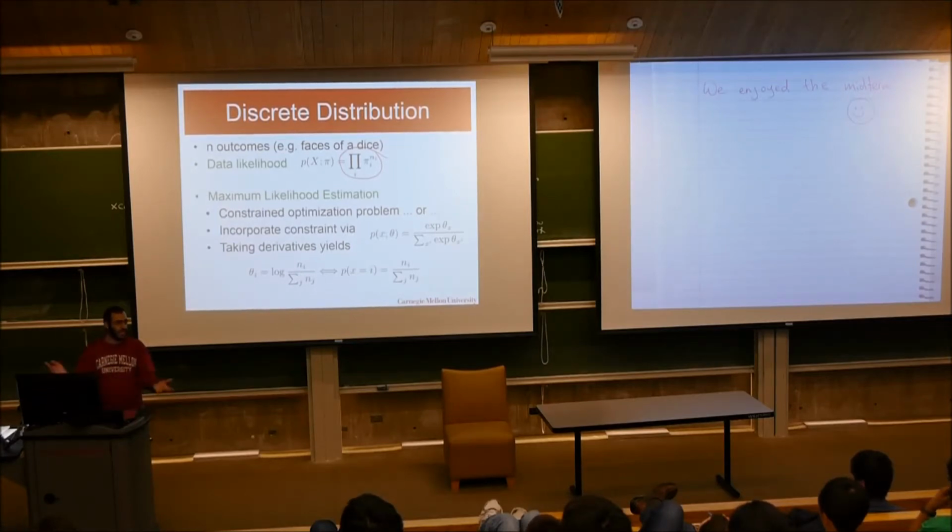And this is the intuitive estimate that we know, maybe from high school or earlier: if you want to estimate the probability of getting face 3, you just count the number of times you have seen face 3 and divide it by the number of times you have thrown the die. Okay? Good.